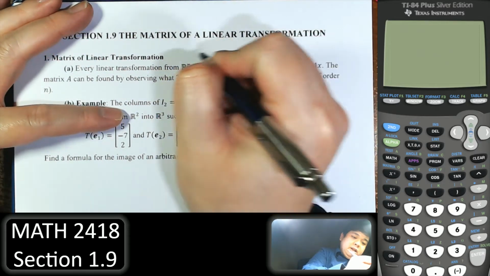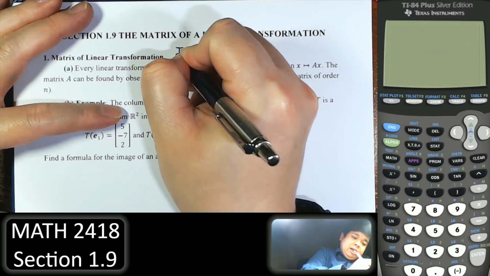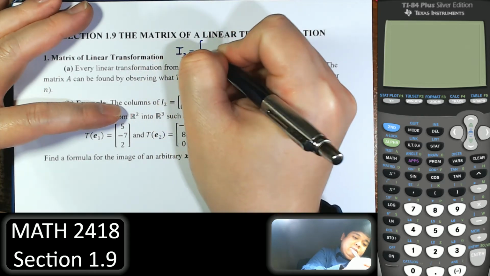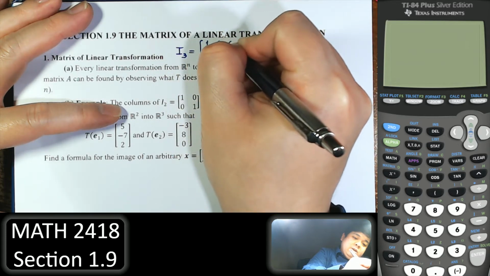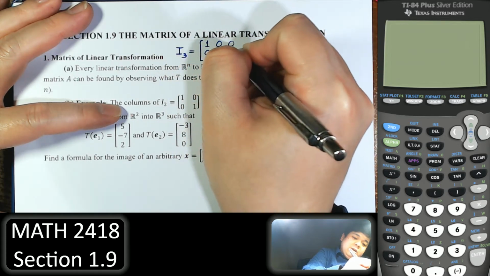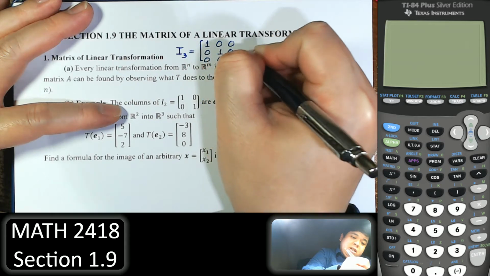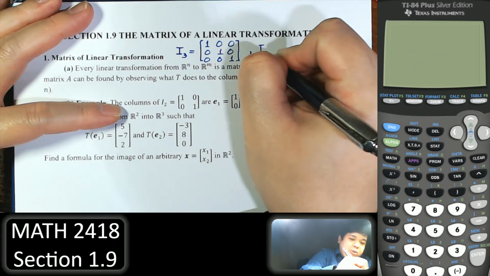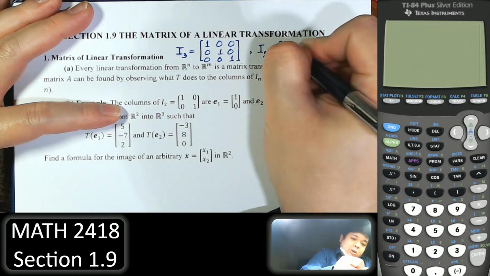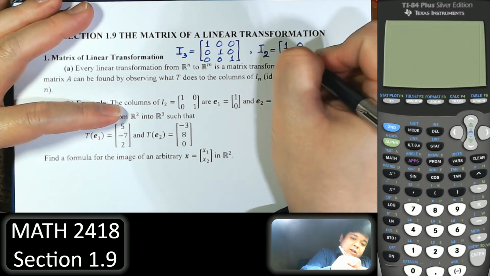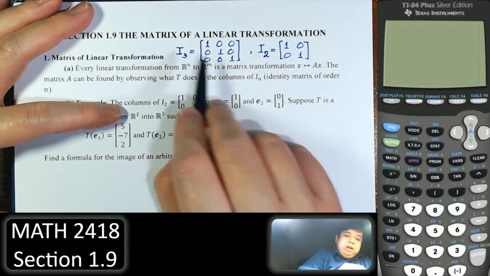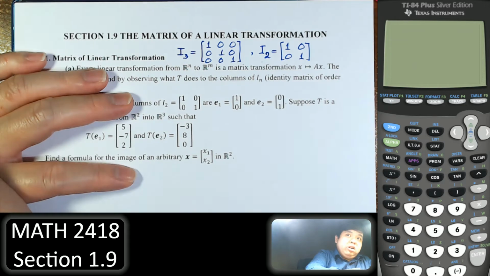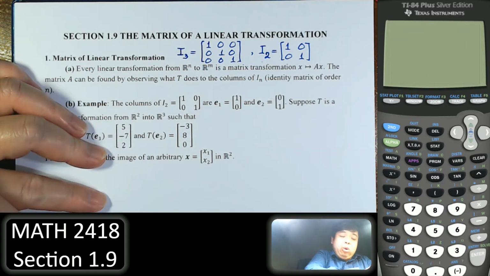For example, the identity matrix of order 3 is a 3 by 3 identity matrix. We have 1, 0, 0, 0, 1, 0, 0, 0, 1. This is I3, and I2 will be 1, 0, 0, 1. So 3 by 3, 2 by 2 identity matrix, which has 1 on the diagonal and 0 everywhere else.